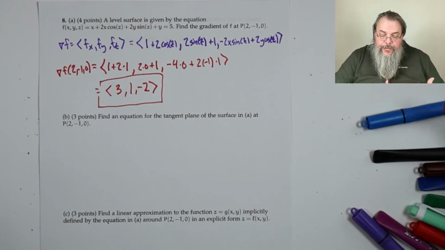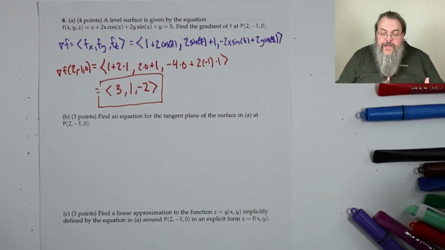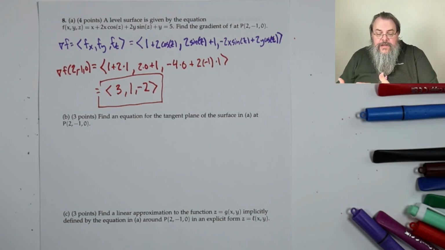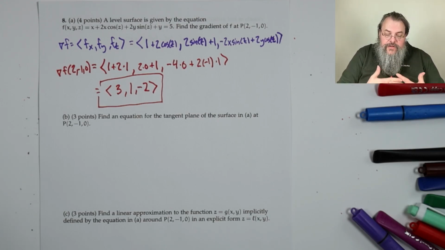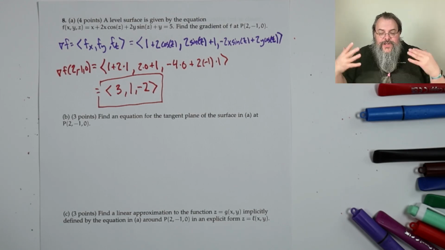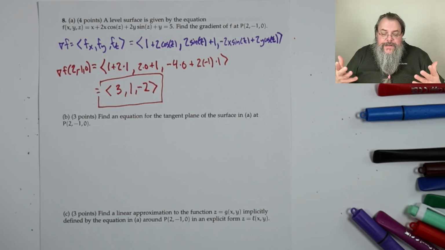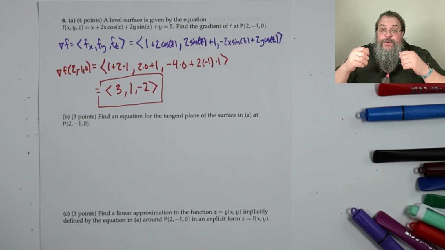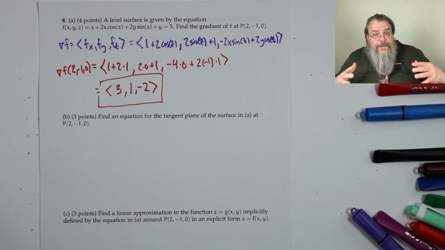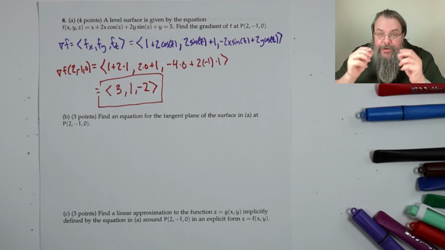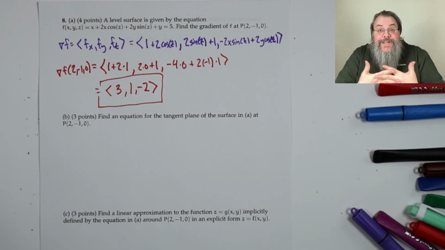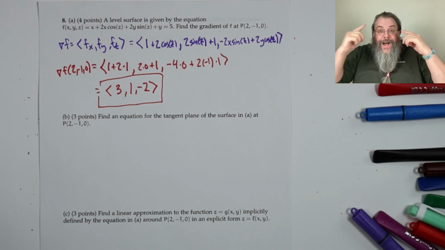All right, now, part B. Find an equation for the tangent plane for the surface in A at the point (2, -1, 0). Now, usually problems build. So we say, okay, what did we find in part A? We found the gradient. But it's a gradient to a level surface. Now, what's true about gradients and level surfaces? They're perpendicular. Ah, ha.